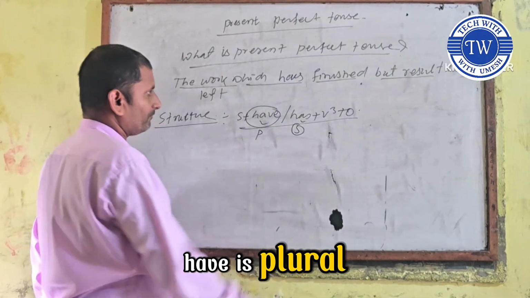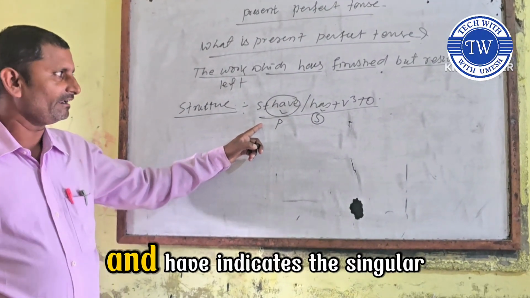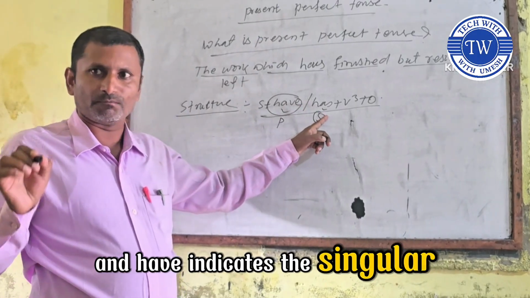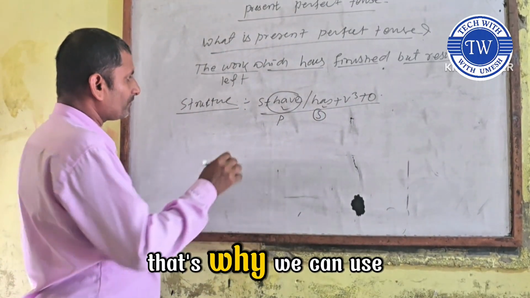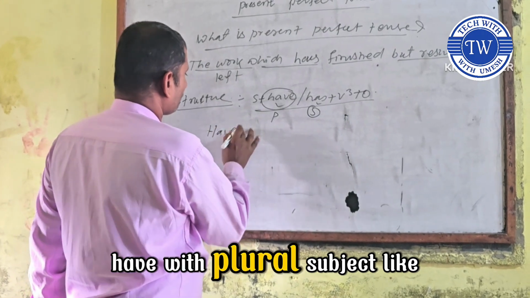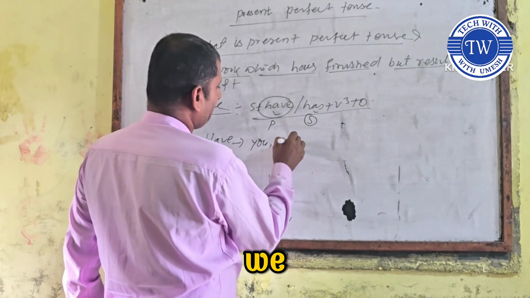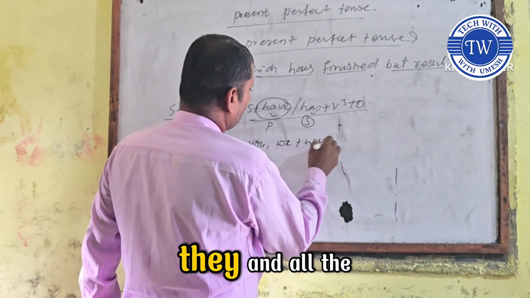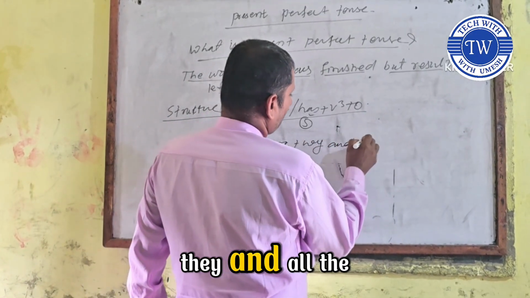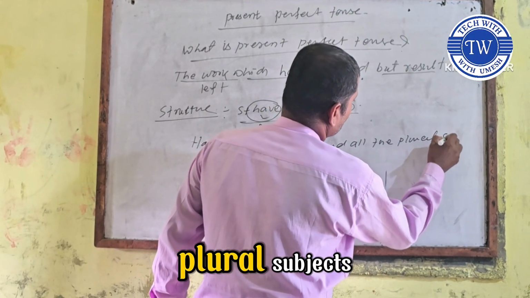Have is plural. Have always indicates the plural form of verb, and has indicates the singular form of verb. That's why we use have with plural subjects like you, we, they, and all the plural subjects.